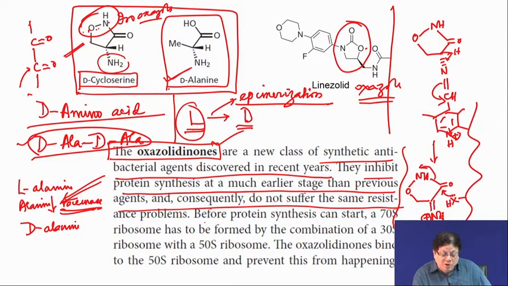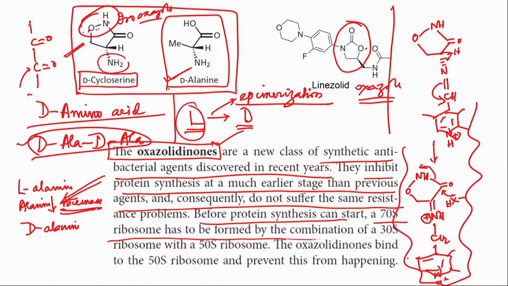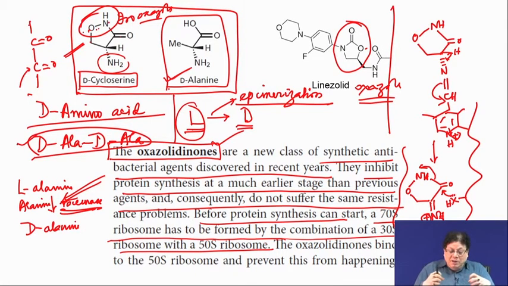And if you want to know a little bit more, a 70S ribosome has to be formed by the combination of 30S and 50S ribosome. Again you remember that first the two subunits have to join together.